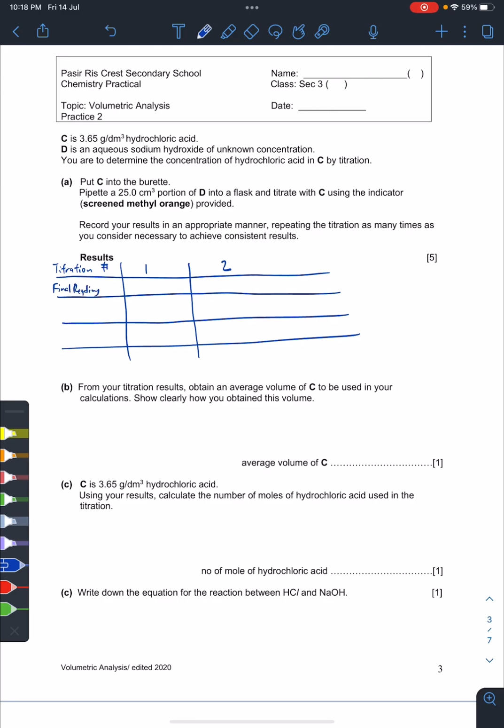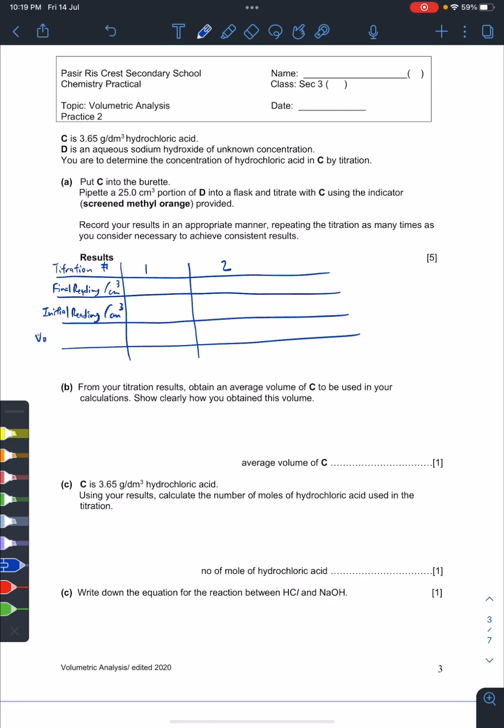Honestly, if you want to write initial reading then final reading, it doesn't make a difference. The main problem here is you must write the word reading, because it is a reading that you read off the burette. If you write final volume, I guarantee you lose 1 mark. So the readings, these are readings because that's what you literally read, and remember the units.